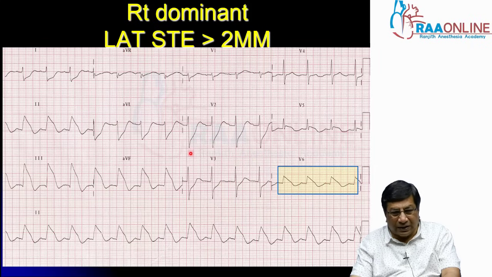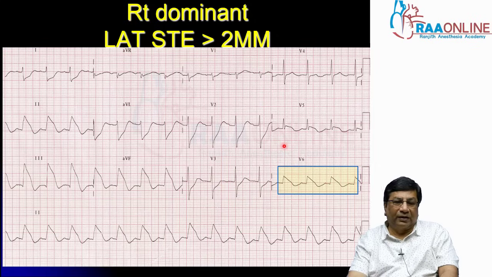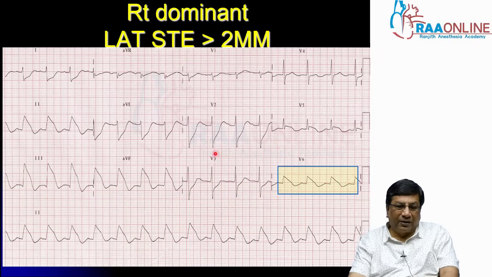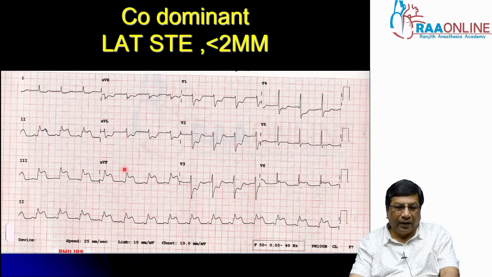So this is how just looking at the first ECG itself may give you so much information, so that immediately you can plan an aggressive management for this patient, because of the proximal right coronary lesion, and it is also supplying the posterior wall as well as the lateral wall because it is a right coronary dominant circulation.